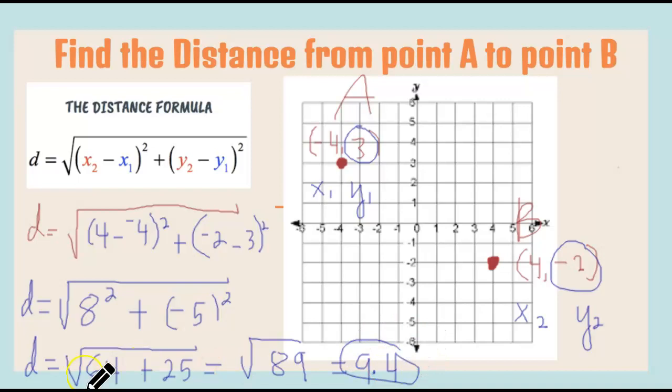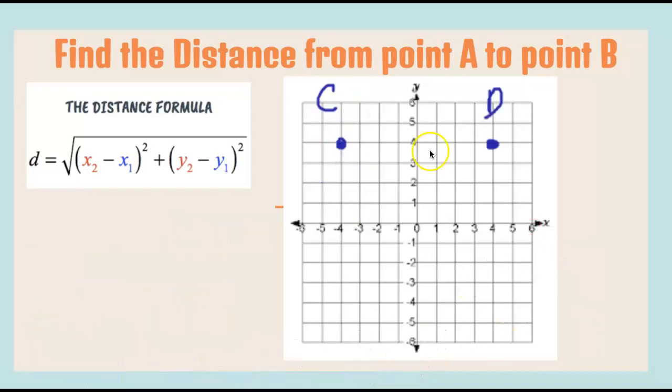Let's have another example. Let's say we have point C to D. So let's find the coordinates of C and D. Here's the coordinate of C. It's at -4 and 4. And the coordinates of point D is at 4, 4. So let's identify our first point and the second point. Let's take C as our point 1.